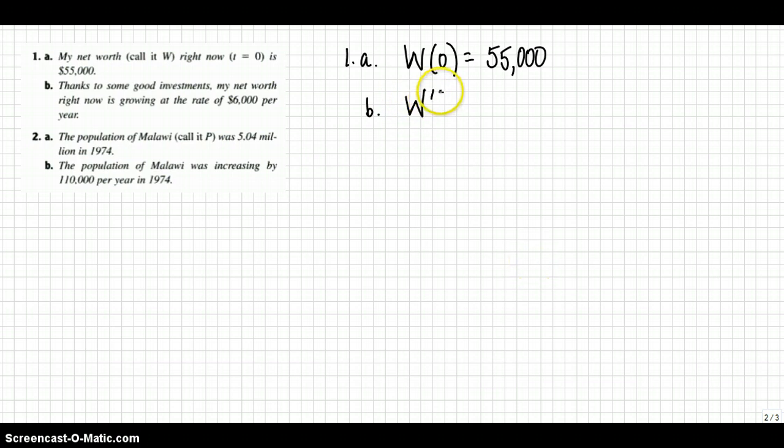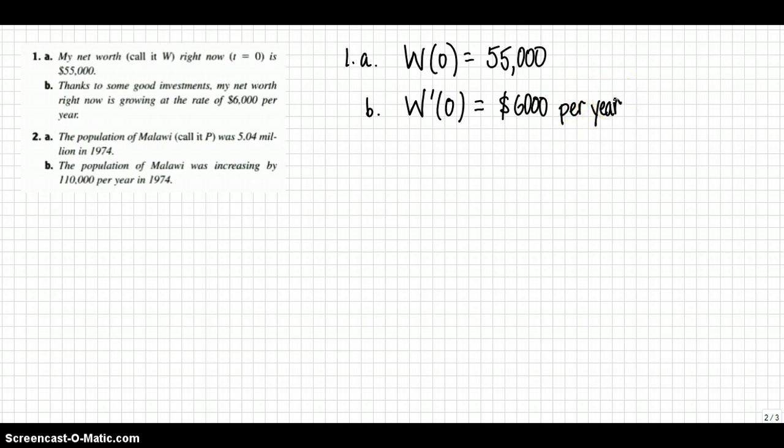And what do I put in the parentheses? Well, it says the time. It says right now, and they already told me right now was t equals 0. So this must be telling me w prime of 0. And it's growing at a rate of $6,000 per year. So my answer here would be 6,000 per year. Or you could just write 6,000.